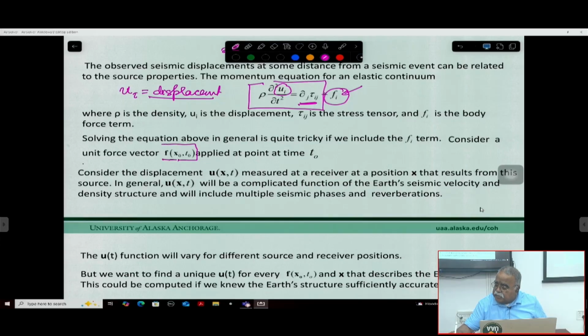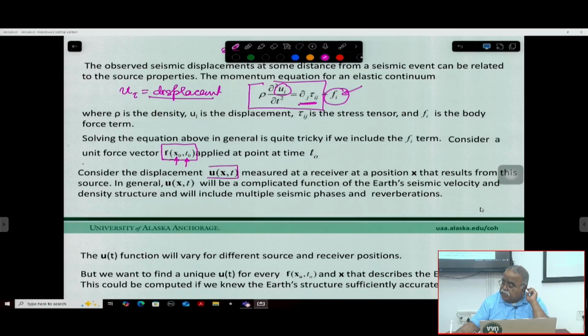Please understand that T0 is the time when the earthquake has happened, that is, when the fault has ruptured that area, and X0 is the point where this rupture took place. So X0 and T0 are the origin point, in terms of distance and in terms of time. And the displacement, you see this one, is called uxt.